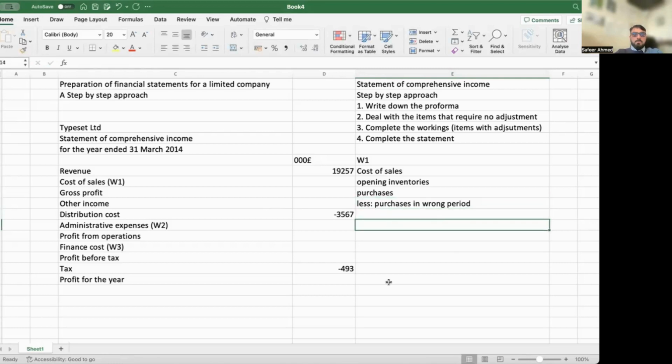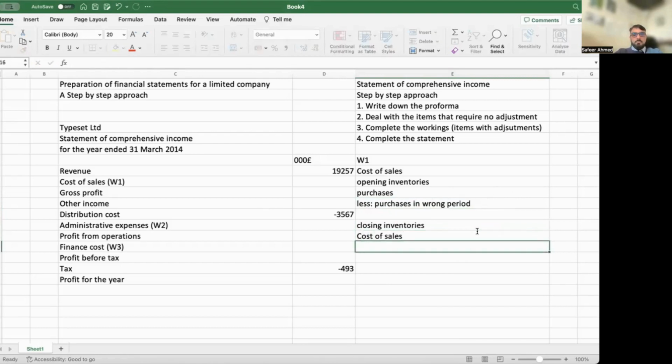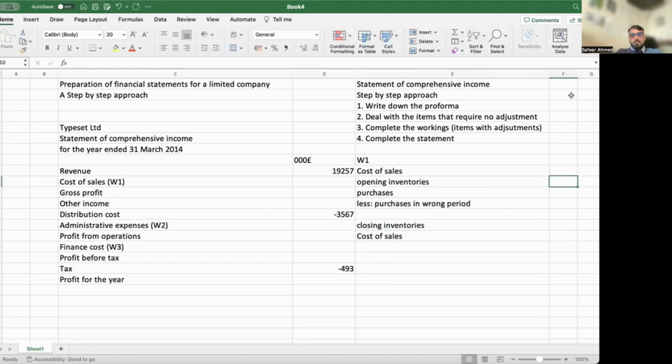And then of course, we will be deducting any closing inventory. And this will give us cost of sales. So opening inventories amount. So remember 3 zeros at the top here.